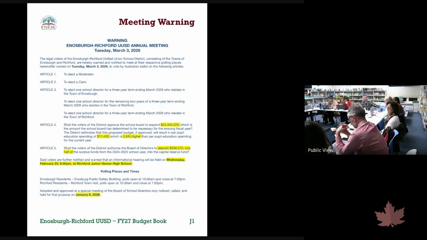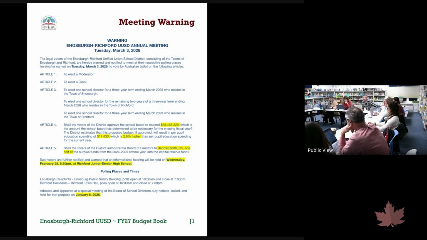The district estimates that this proposed budget, if approved, will result in per pupil spending of $11,430, which is 2.6% higher than per pupil education spending for the current year.